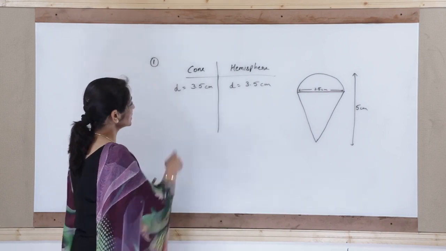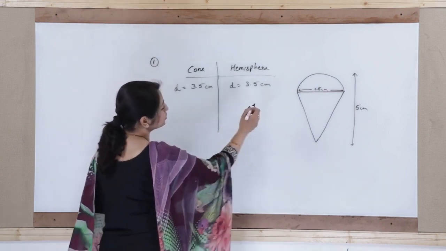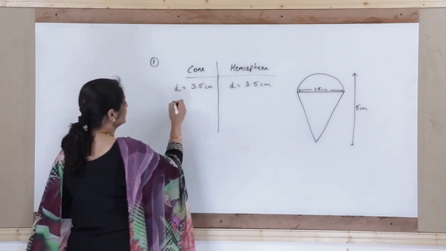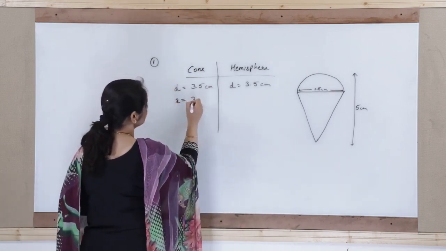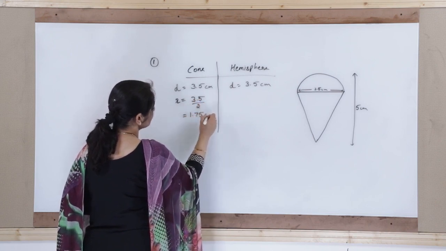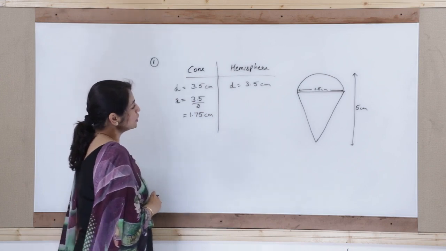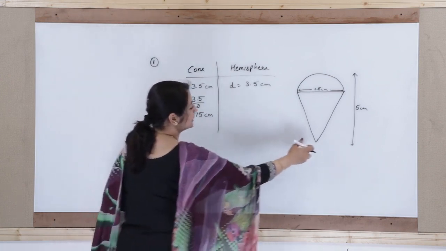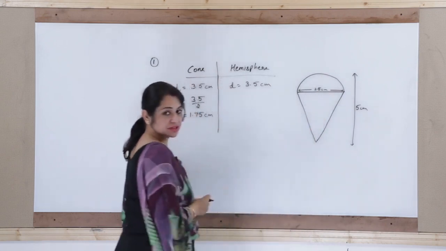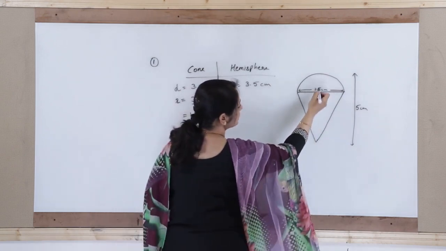So here, starting with the cone, the diameter of the cone is given 3.5 centimeters. So now we immediately need to convert it to radius. That will be 3.5 upon 2, that is 1.75 centimeters. Now the height, what will be the height of this cone? The total height of this toy is 5 centimeters. And here this radius.